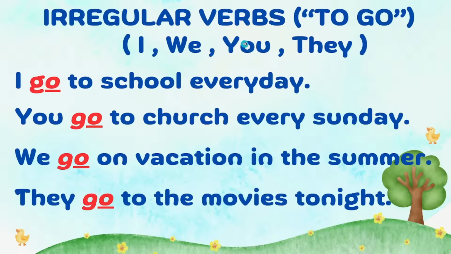So, we're done with to be, we're done with to have, we're done with to do, and now we are in the to go irregular verb. Okay? Now, for the I, you, we, they, you will use go.